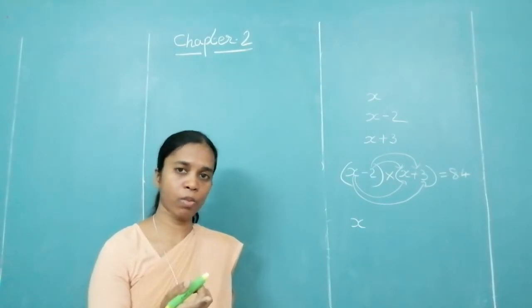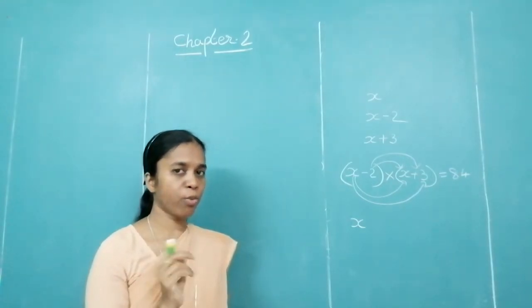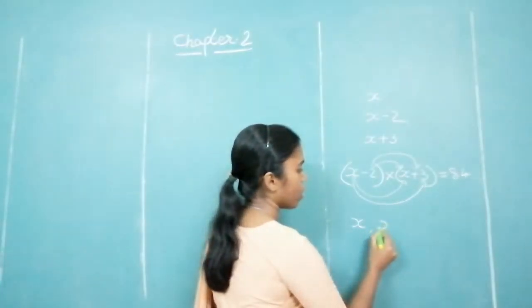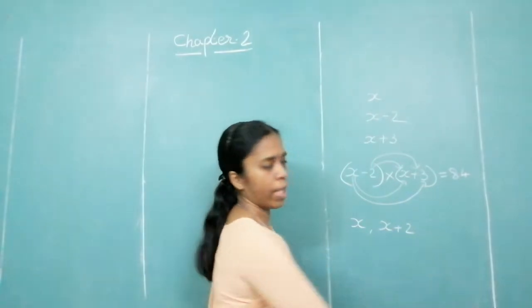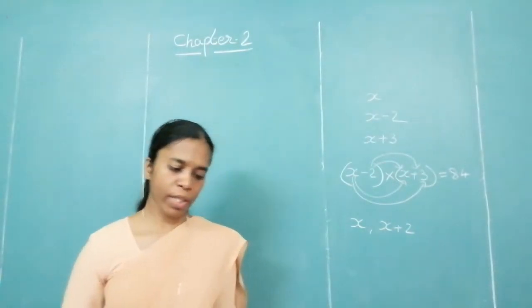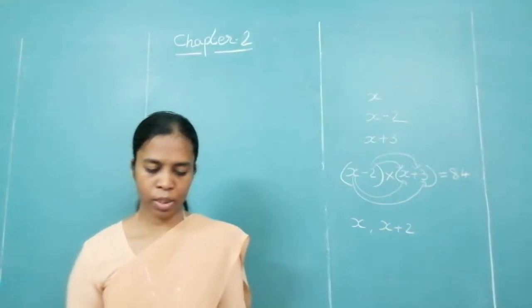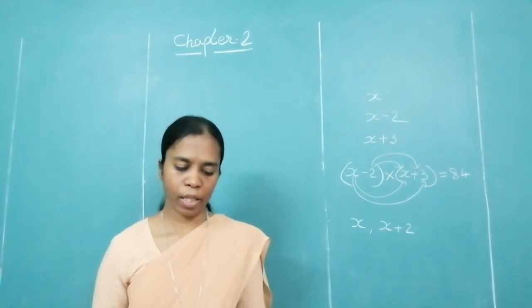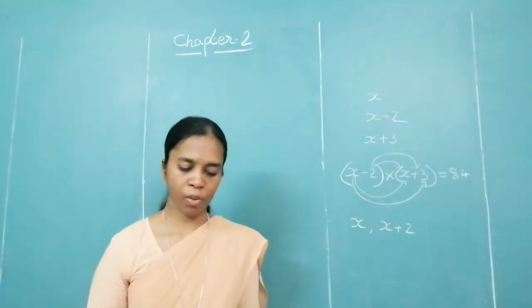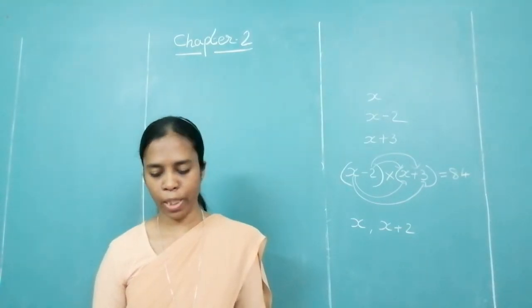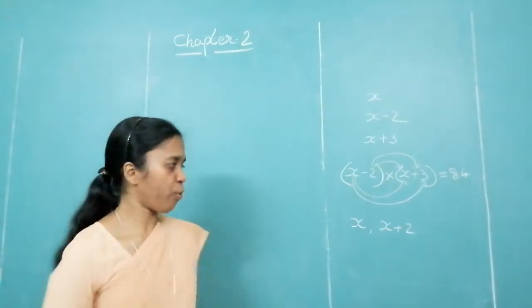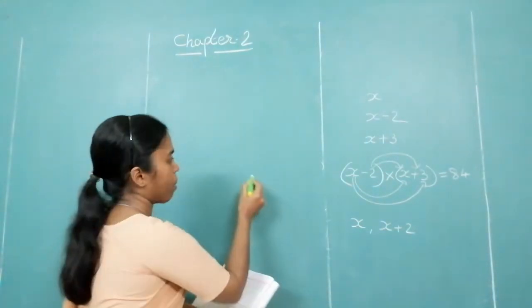Which is the next consecutive even number? 6. What is the difference? You have to add 2 over there, right? So the next number will be x plus 2. So you will write, let the small even number be x and the consecutive even natural number be x plus 2.